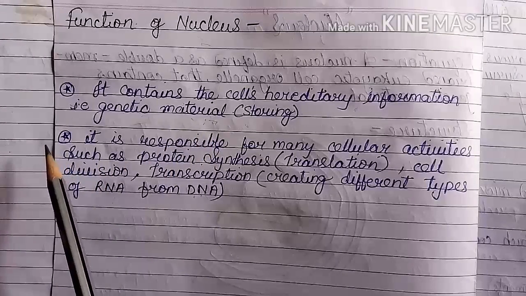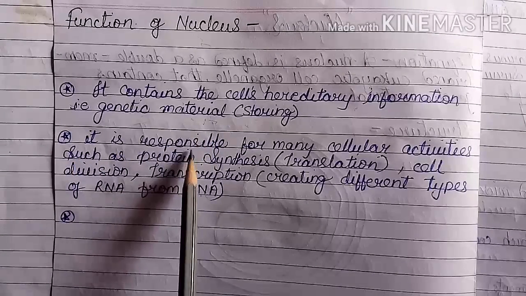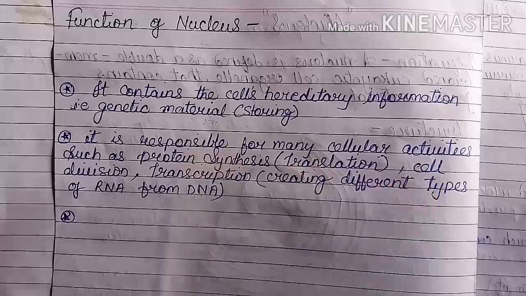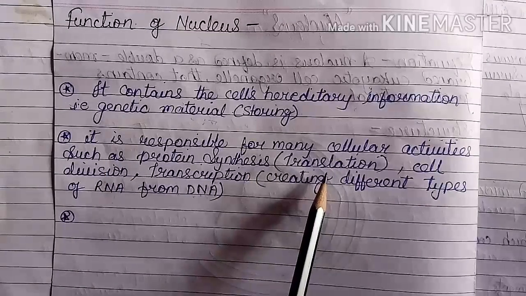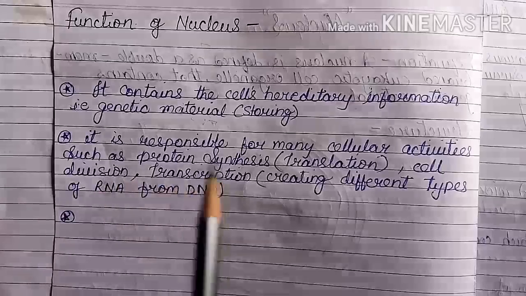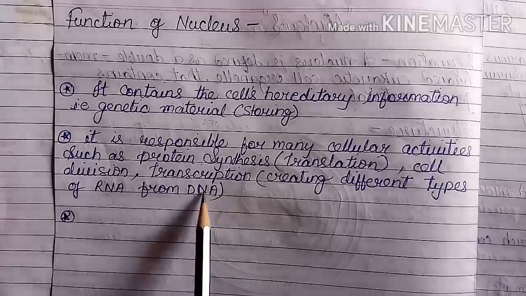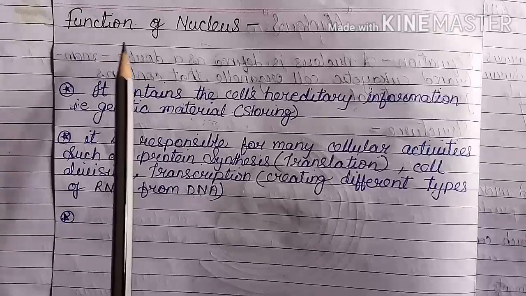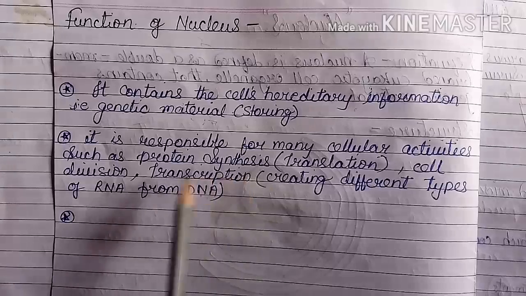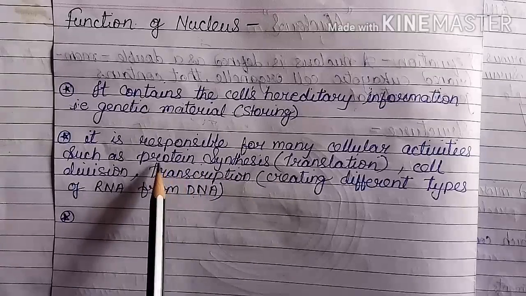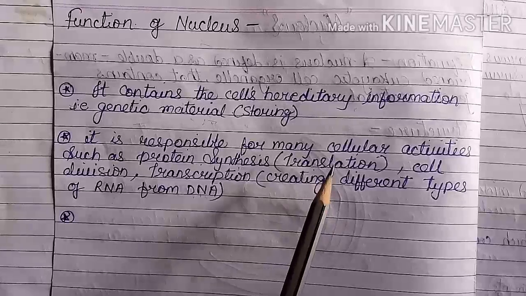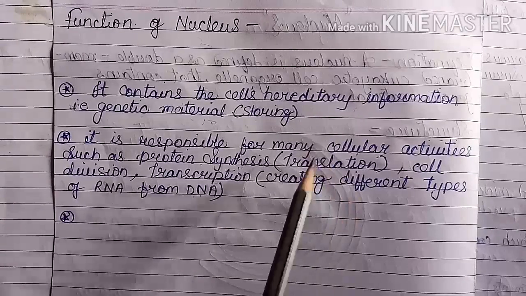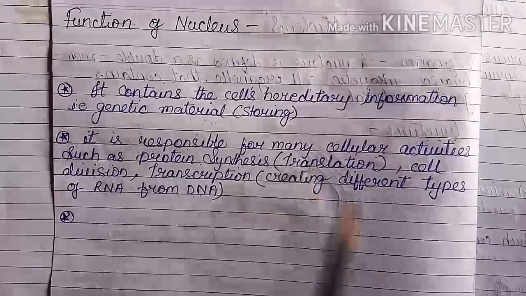The second point is, it is responsible for many cellular activities such as protein synthesis, which is also known as translation, cell division and transcription. First is protein synthesis, also known as translation, and this process takes place with the help of nucleus.